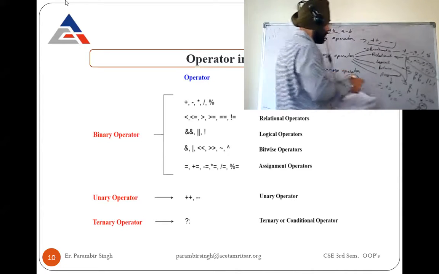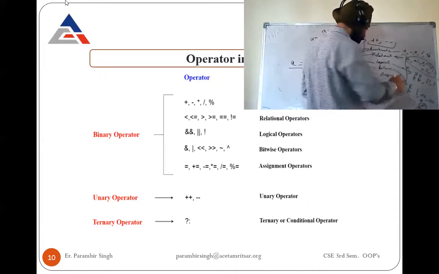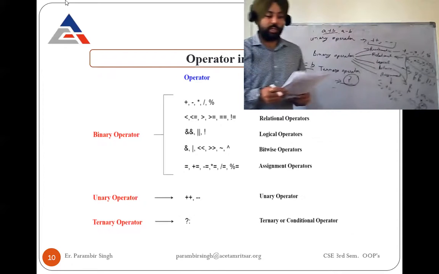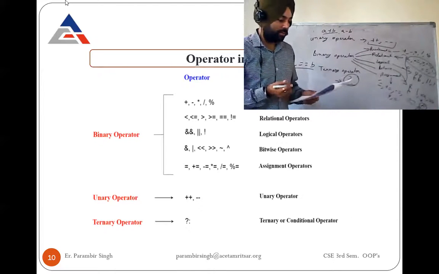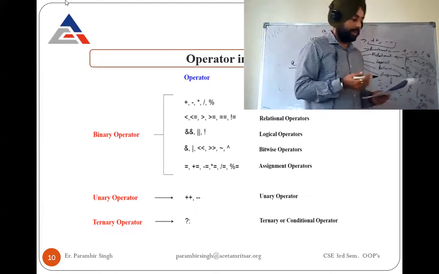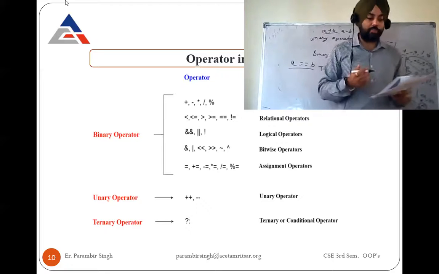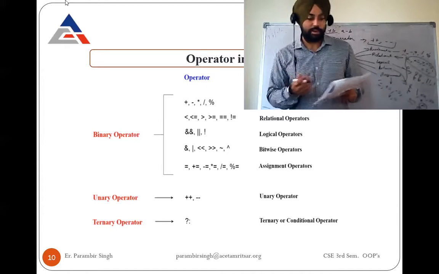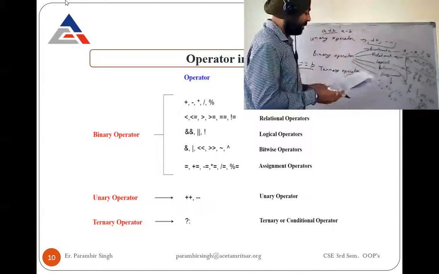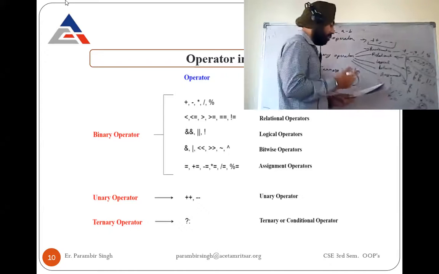Mathematical operations such as addition, subtraction, division, multiplication, etc., can be performed at the bit level for faster processing. Next are the assignment operators. Assignment operators are used to assign a value to a variable. The left side operand of the assignment operator is a variable, and the right side is a value.